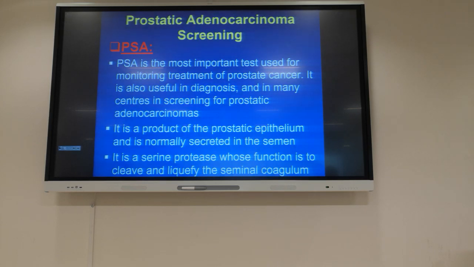It was found that when it comes to PSA itself, when it is used as a screening test, as a single point in time kind of test, it does not have that much value. When it comes to follow-up after treatment, it's a great test.